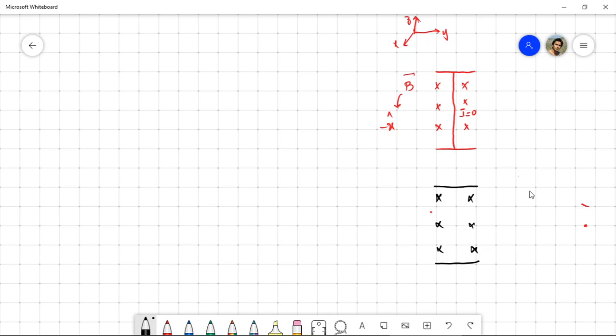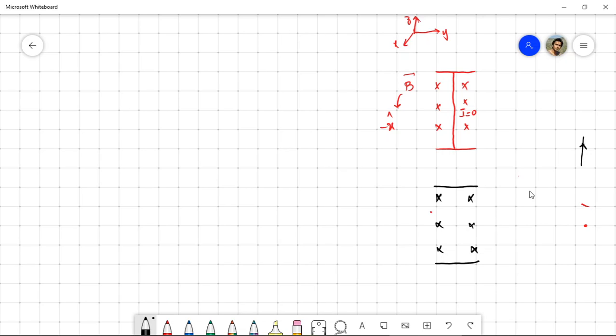Now we need to know what the direction of Fm will be. Will this conductor remain in this position, or will it deviate from its path? Whenever there is a current, and we say the current is going upwards, in that condition we need to know the direction of Fm.